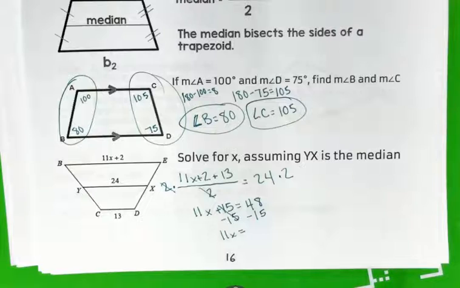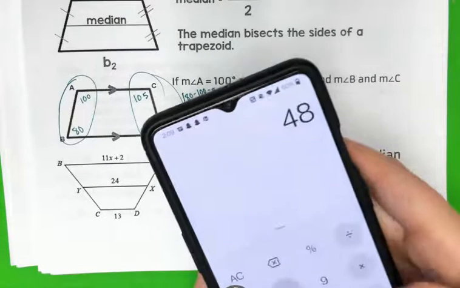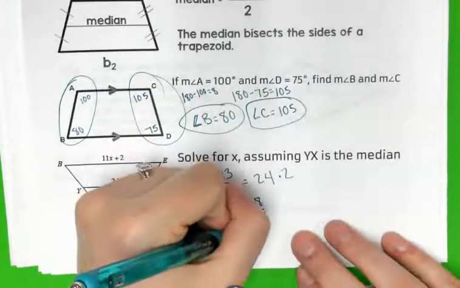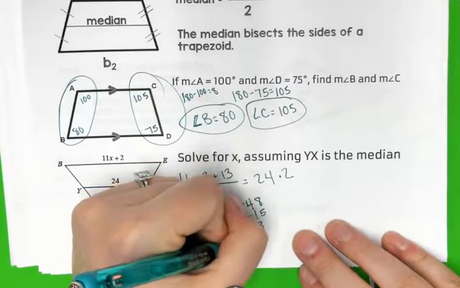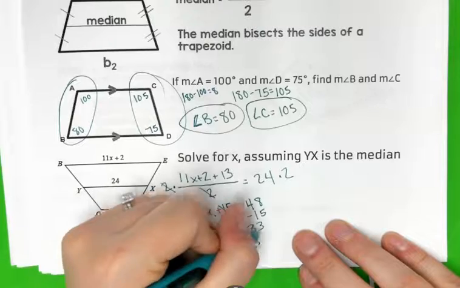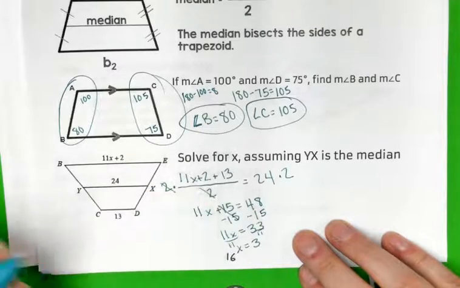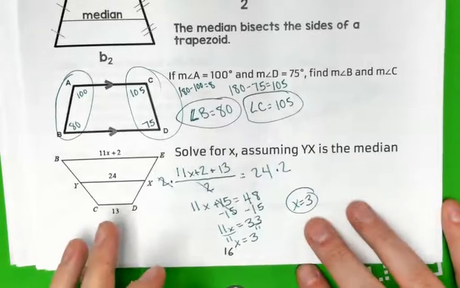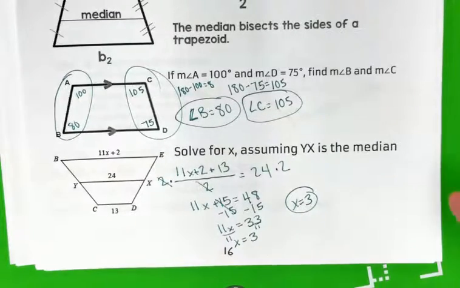And then 48 minus 15 is going to be 33. And then if we divide by 11 on both sides, then x will be 3. And then that's it.